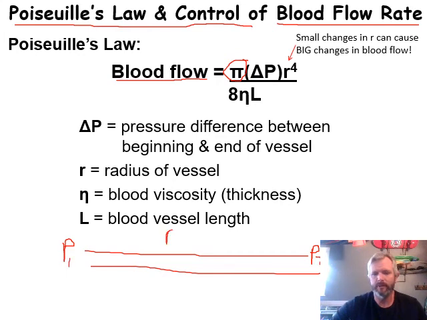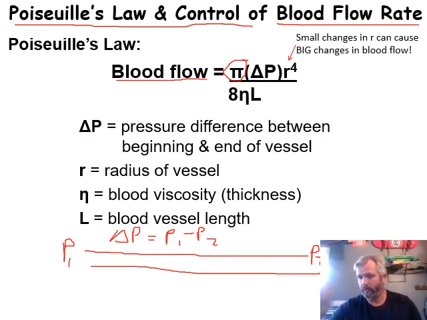Okay, so if I subtract P1 minus P2, that would be my delta P. If there's large pressure here compared to the end, that's going to allow blood to flow more quickly. And you can see the delta P is in the numerator of this equation. So as delta P increases, blood flow increases.